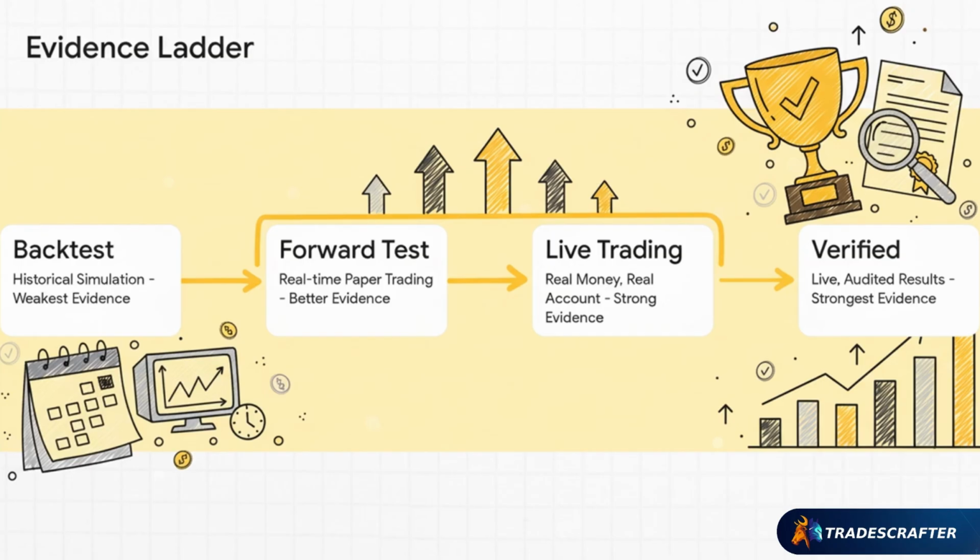That's just a simulation on historical data. One step up is a forward test, which is basically paper trading in real time. That's better. Even better is live trading with a real account and real money on the line. But the gold standard, the very top of the ladder, is third-party verified results, where an independent company audits and confirms the live performance. The higher you can climb on this ladder, the more trustworthy the results are.